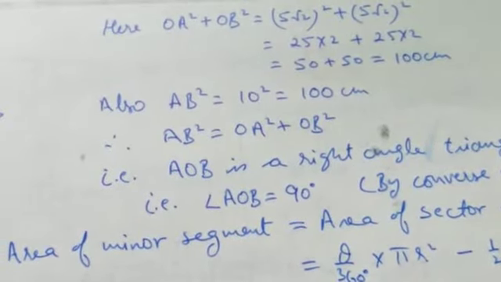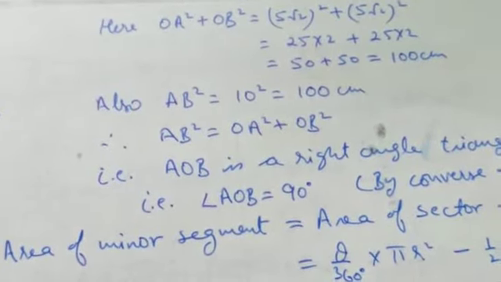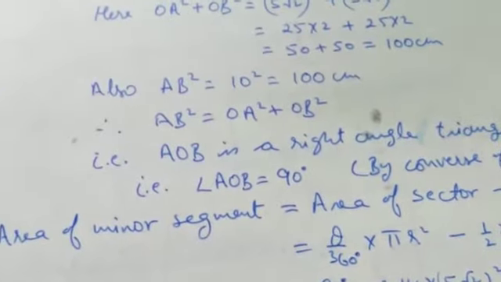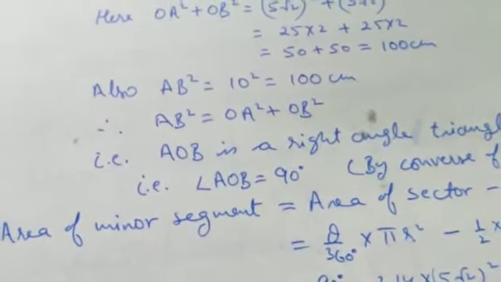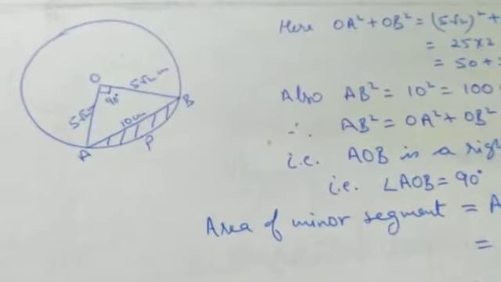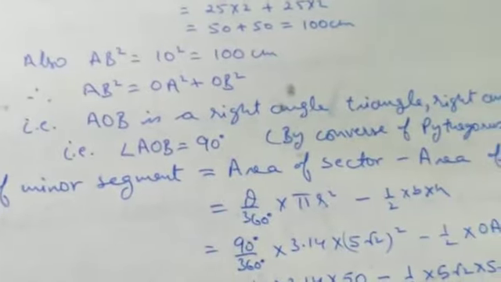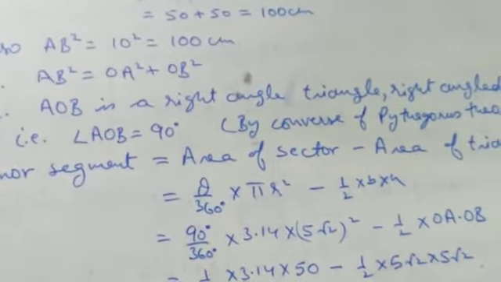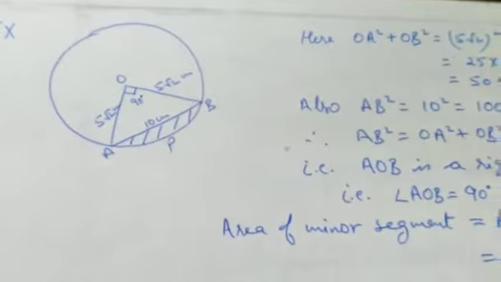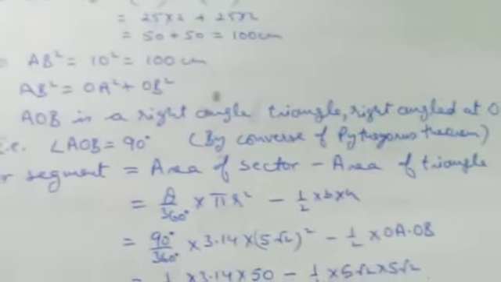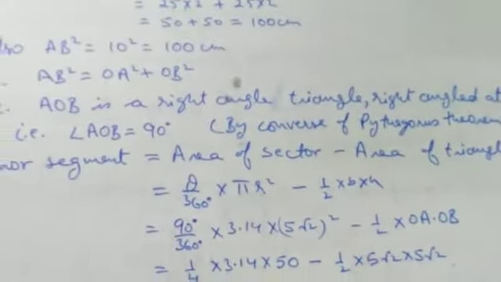And also AB square is 100 centimeter square. So we see that AB square is equal to OA square plus OB square. So by converse of Pythagoras theorem, we see that AOB is a right angled triangle, right angled at O. That is, angle AOB is 90 degrees. Why? By converse of Pythagoras theorem.